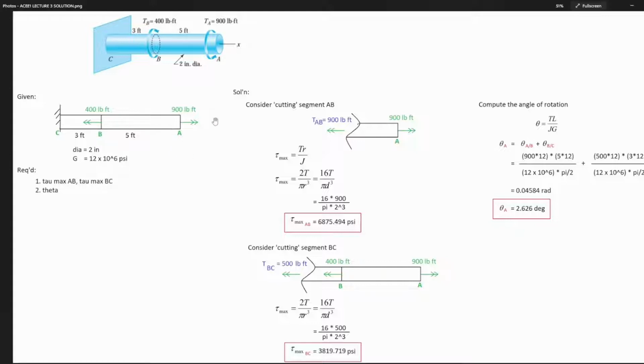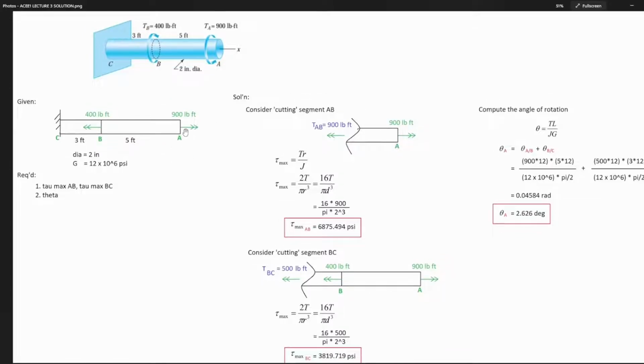And the overall total rotation of A is equal to the sum of these two angles of twist.